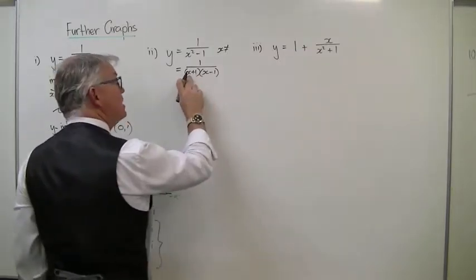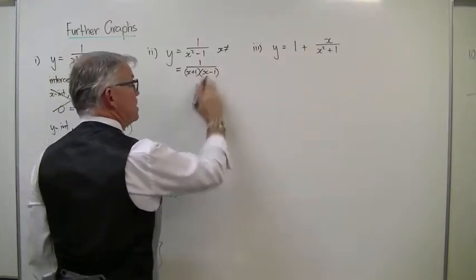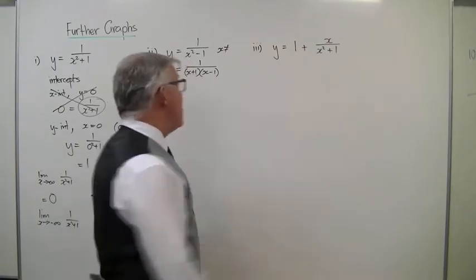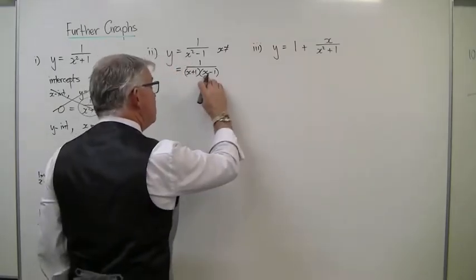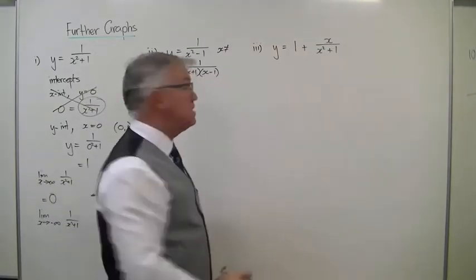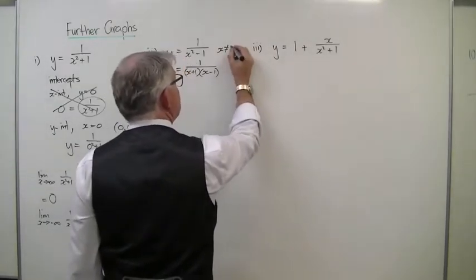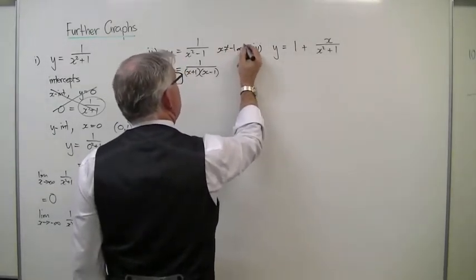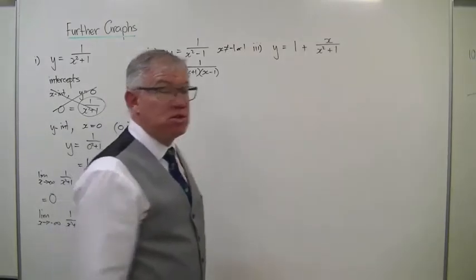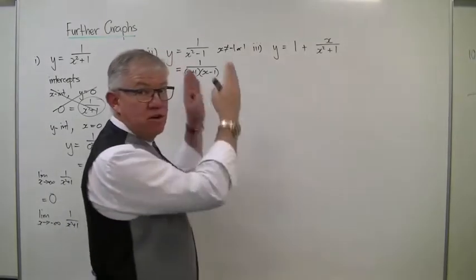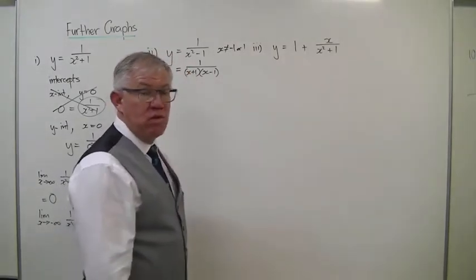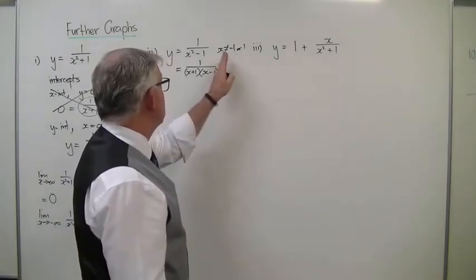Because if I have minus 1 here, this whole expression in the denominator would be 0. And if I had x as 1 here, this whole expression in the denominator would be 0. So x does not equal minus 1 or 1. They're going to be asymptotes. They're going to be vertical asymptotes for this curve at these two locations.